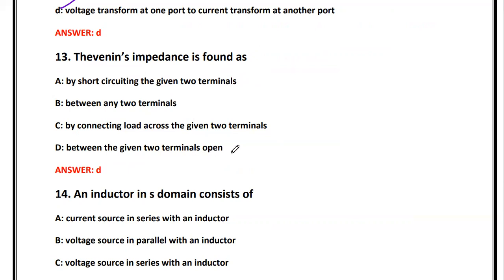The correct approach is to keep the given two terminals open circuited, and across this open circuit calculate the total impedance of the circuit. That is said to be Thevenin's impedance. So D is the correct option.